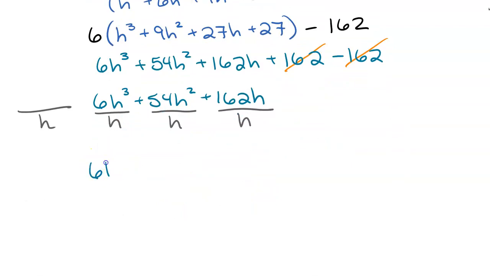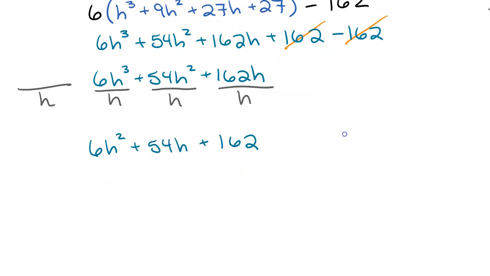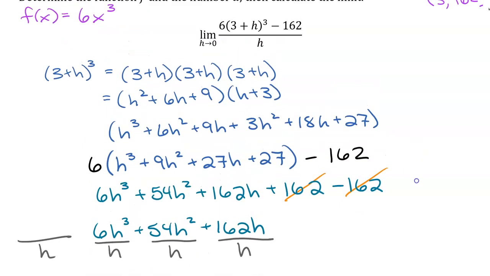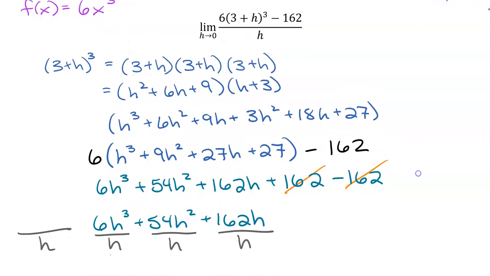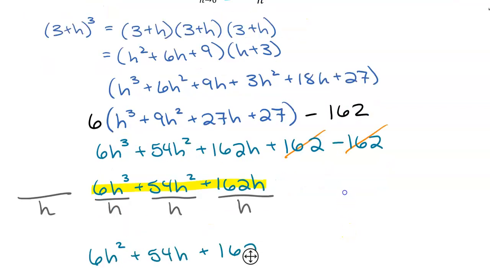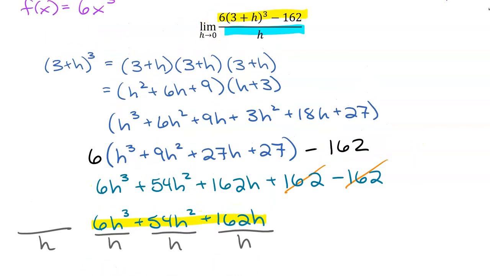So that would be 6h squared plus 54h plus 162. And there we go. So the blue, there is that part. And then that part we finally finished there. So now we can apply the limit finally at the end.